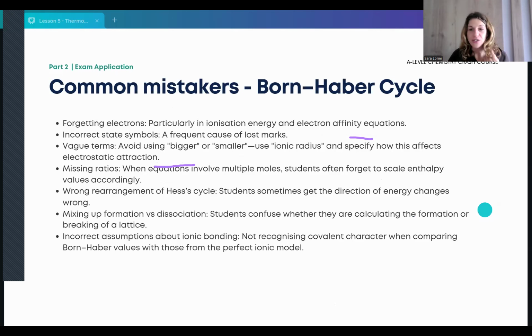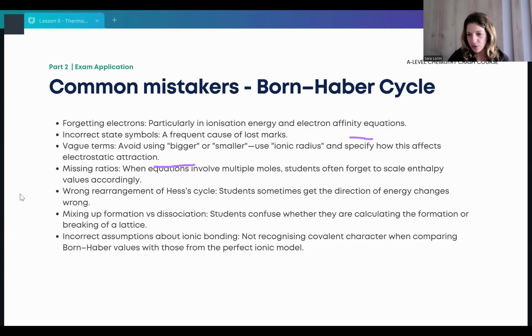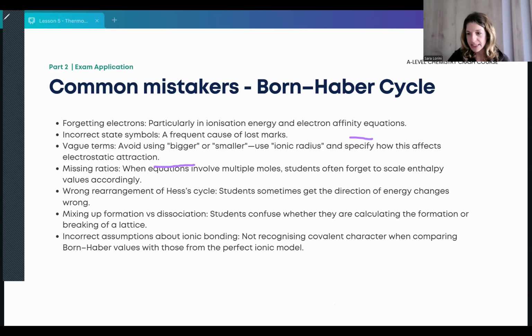I wanted you to think for one moment and to finish off the common mistakes with the Born-Haber cycle. Always think about how you write down the equations. If you're forgetting electrons, like ionization, electron affinity, so in here we didn't construct any Born-Haber cycle in this lesson, but just remember we need to be very meticulous in how we write the equation.